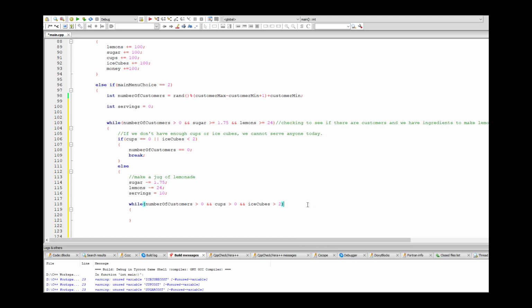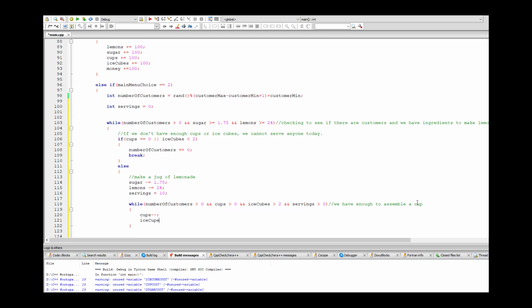We have enough to assemble a cup, and servings is greater than 0. So we still have servings. So we will say cups minus minus, so we take away a cup.